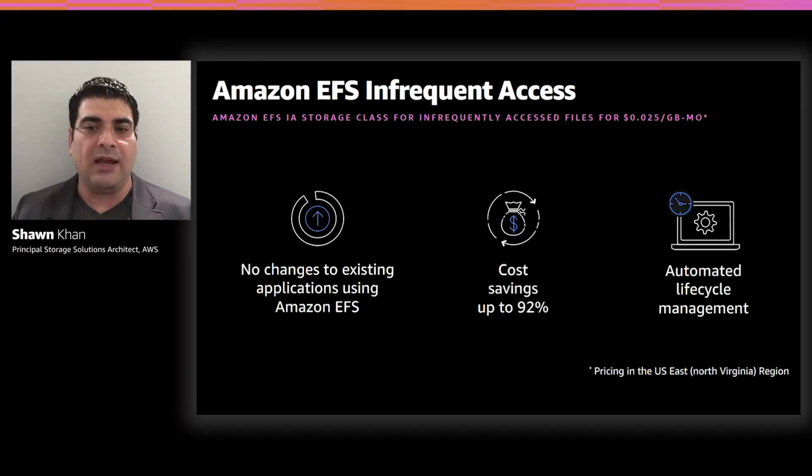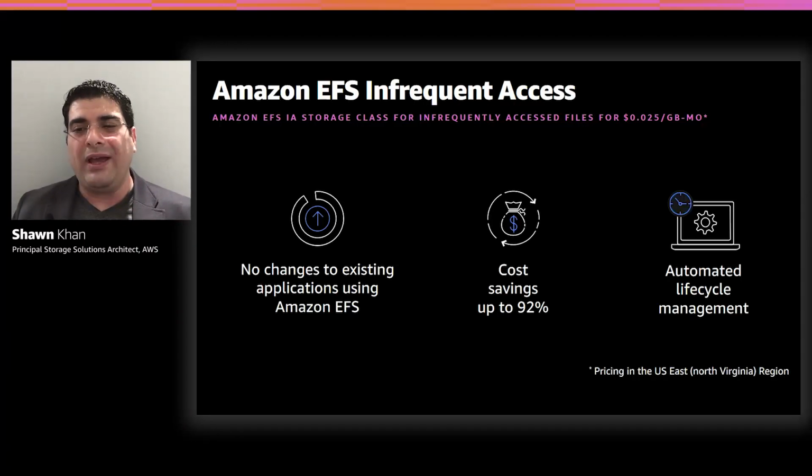For example, with a blended cost of infrequent access and standard, customers have reduced their spend on EFS to only 2.5 cents per gigabyte. If you look at the overall blended storage cost, it's about 8 cents per gigabyte, which is pretty good for a general purpose file system.